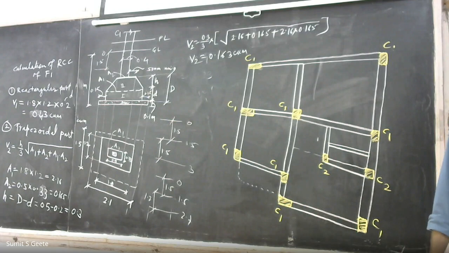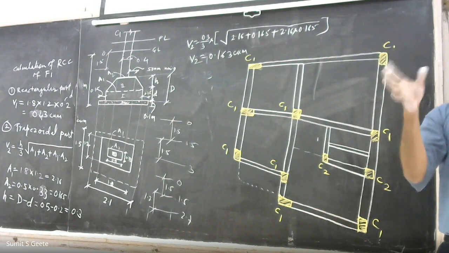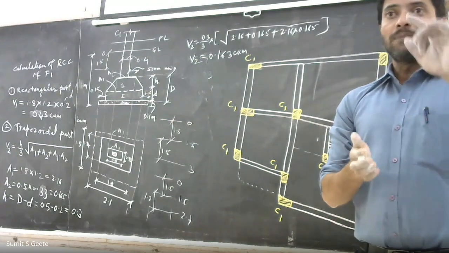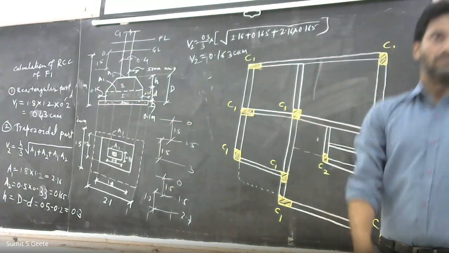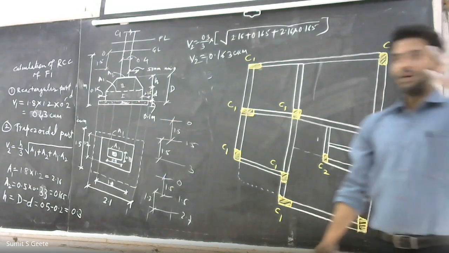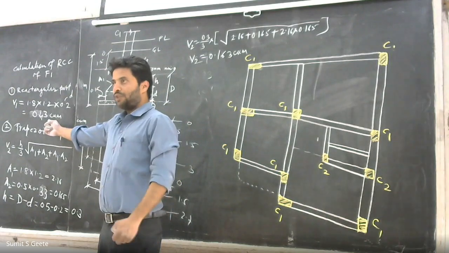समझ में आया? Now अब लिखो volume of F1 is equals to V1 plus V2. V1 plus V2. Now what is V1? 0.43.